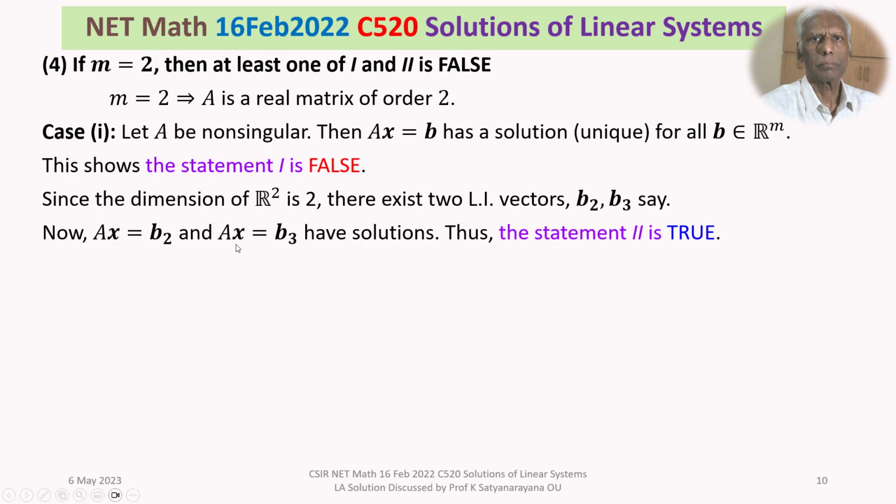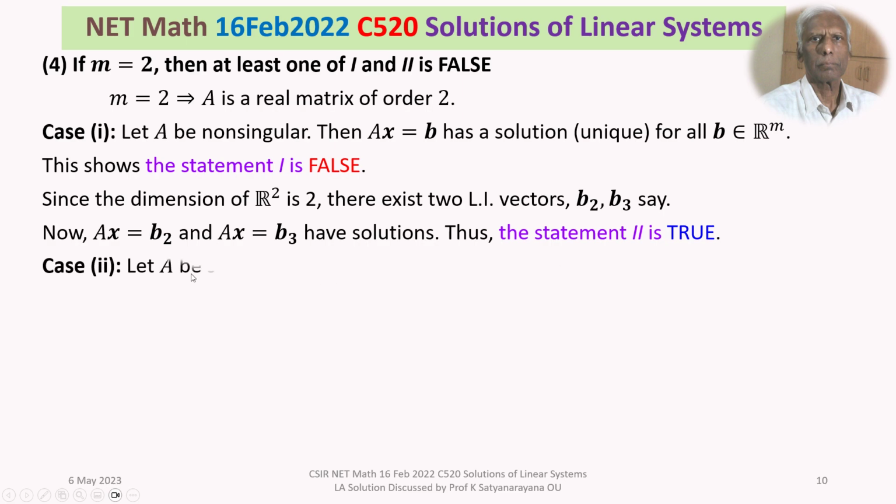And Ax is equal to b3 has a unique solution, x is equal to A inverse b3. So there exist two linearly independent vectors b2, b3 such that Ax is equal to b2 and Ax is equal to b3 have solutions. Thus statement 2 is true. So statement 1 is false. In this case, statement 2 is true. One of them is true.